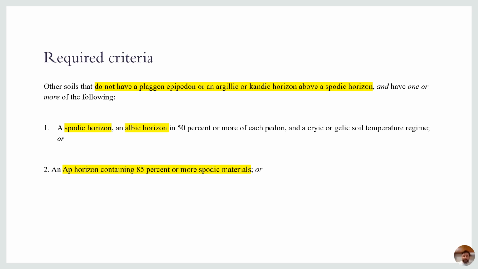We also need to know that the spodosols should present, of course, the spodic horizon, okay? And they also should present an albic horizon in 50% or more of a specific soil profile, and cryic or gelic soil temperature regimes, okay?